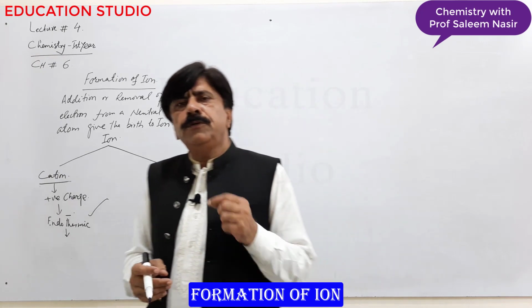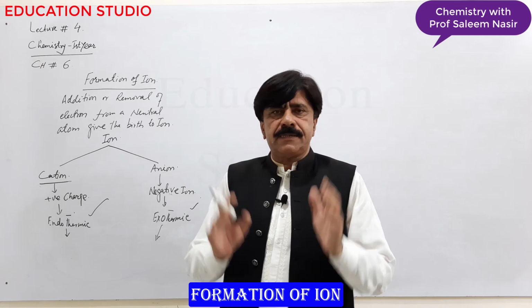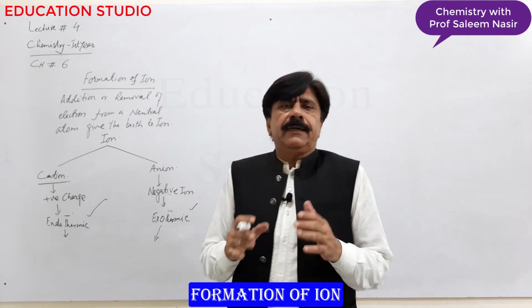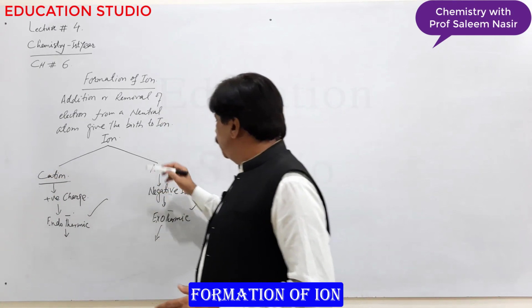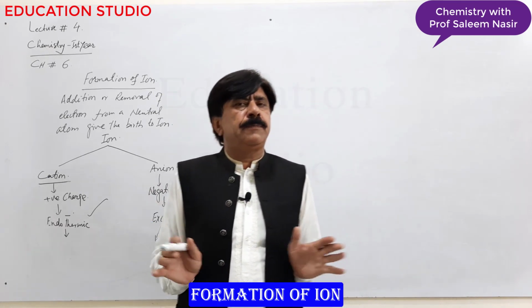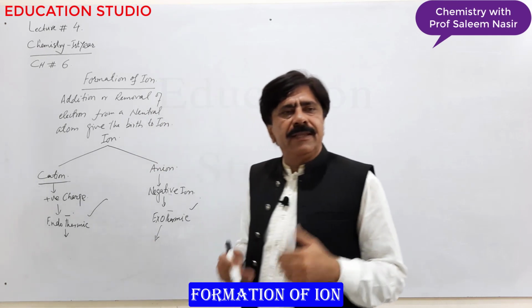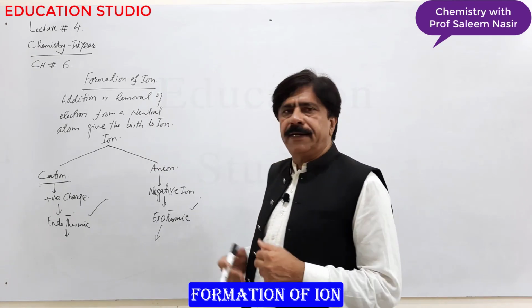So when we discussed the ion, we only got information about the positive charge, the negative charge, and the exothermic and endothermic processes. We didn't involve the energy in the formation of the positive or negative ion.